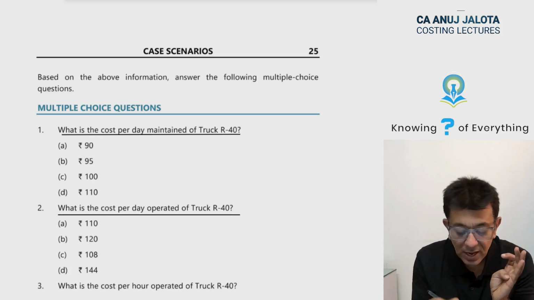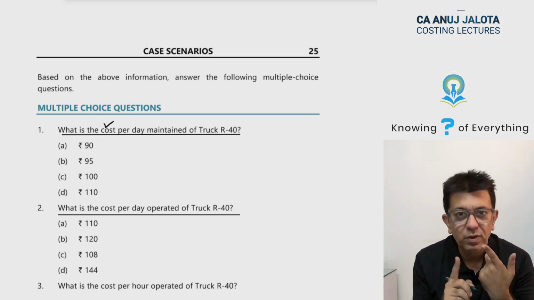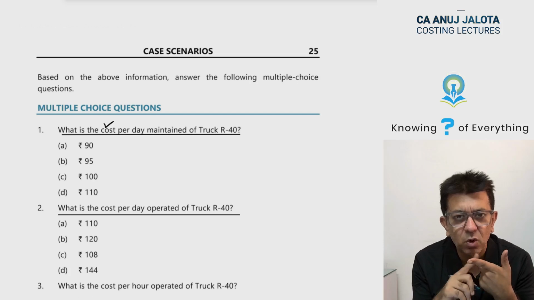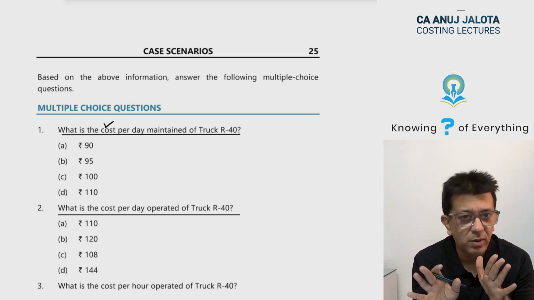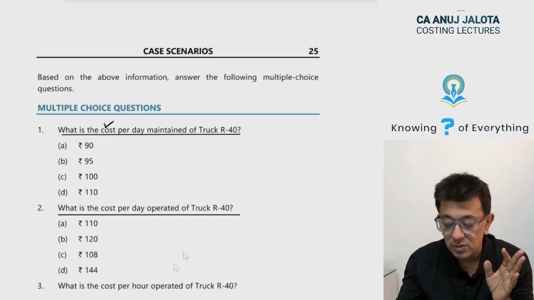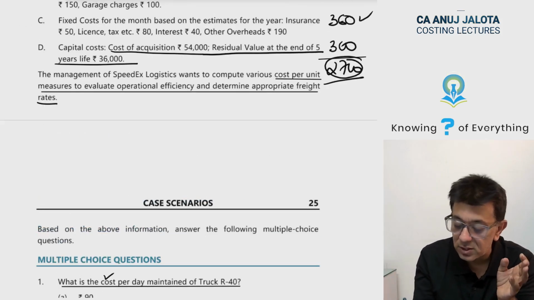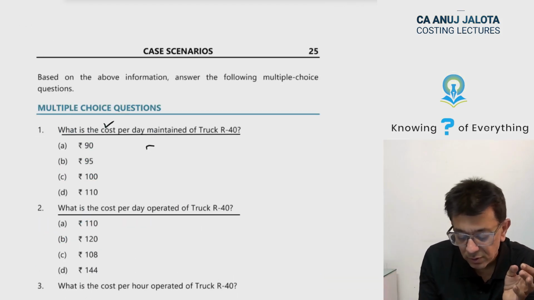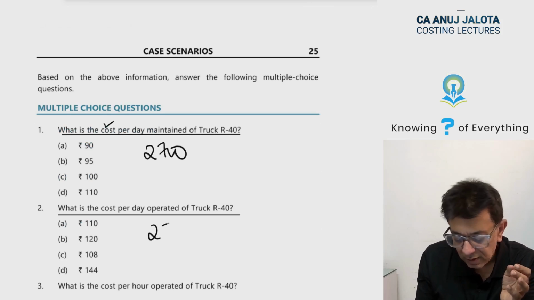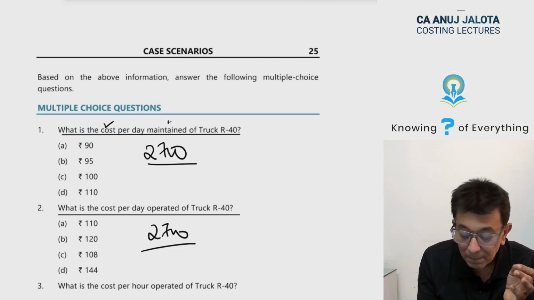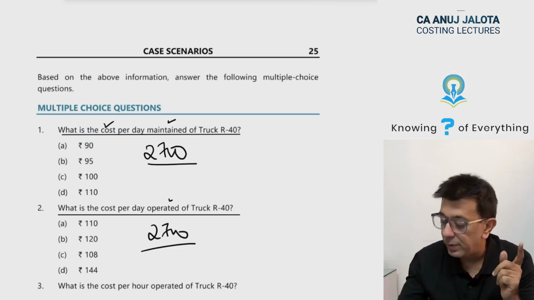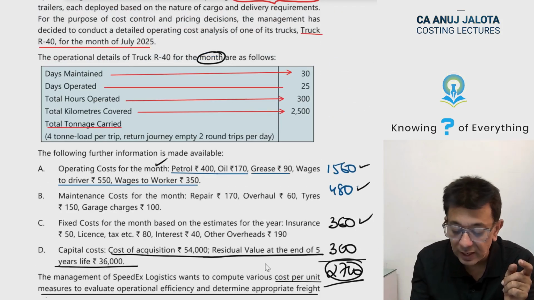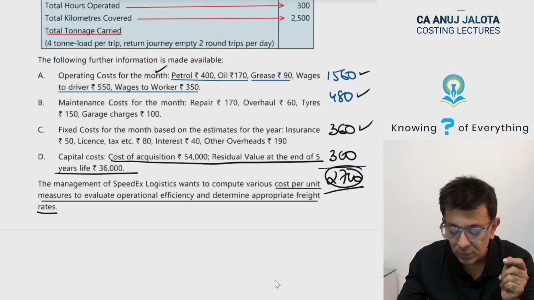See, they have not asked you what is fixed cost per day or variable cost per day or semi-variable. So luckily, my job is over because this is the total cost, 2700. They want cost per day maintained and cost per day operated. I guess the truck is maintained for 30 days, but it is operated for 25 days.